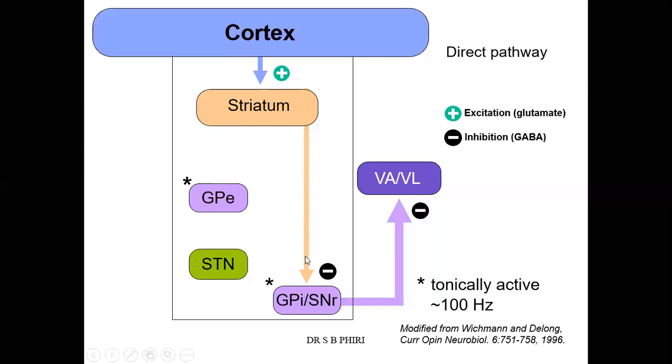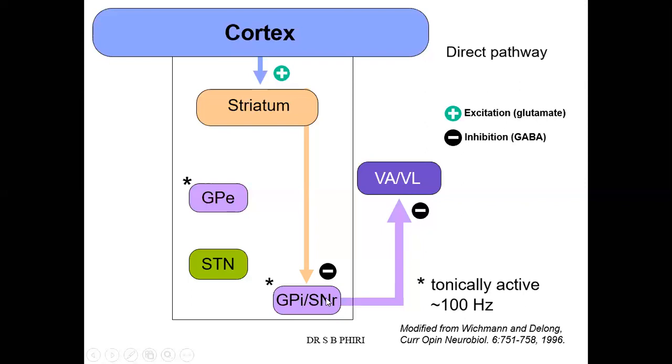And this inhibitory neuron from the striatum is going to release GABA in the globus pallidus internal or the substantia nigra or the subthalamic nucleus here. So it's releasing GABA, so it's inhibiting the neuron that is projecting to the thalamus.